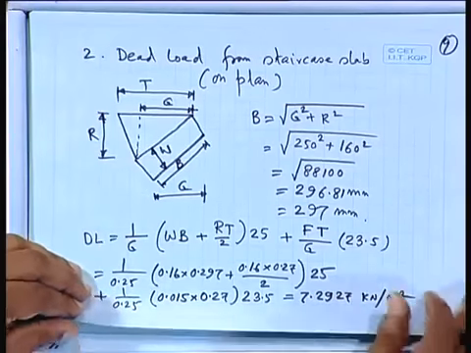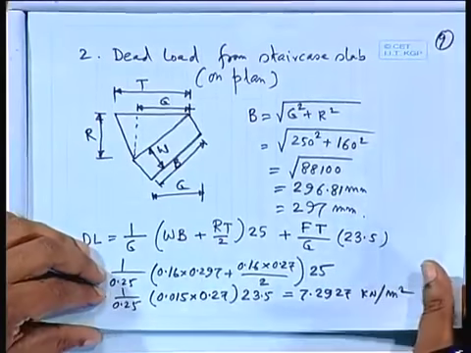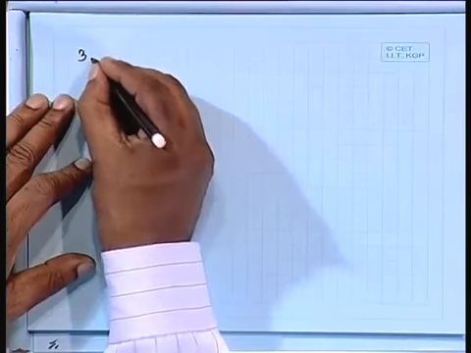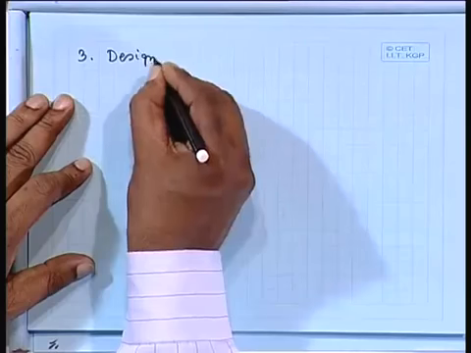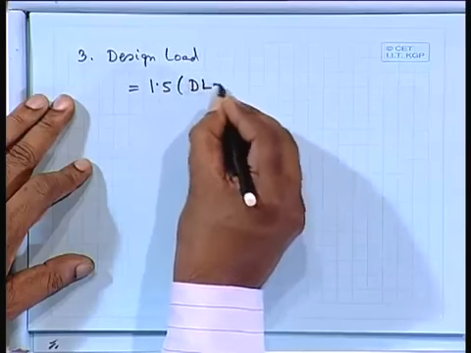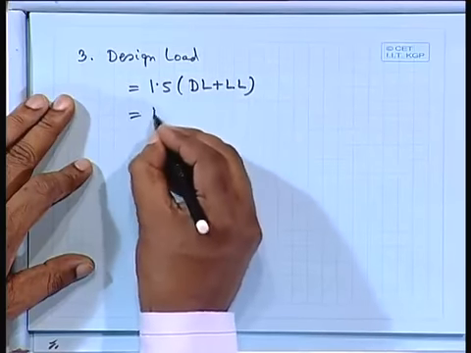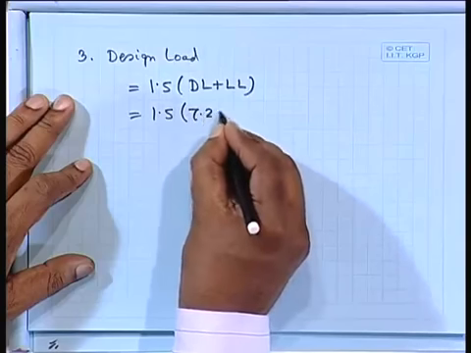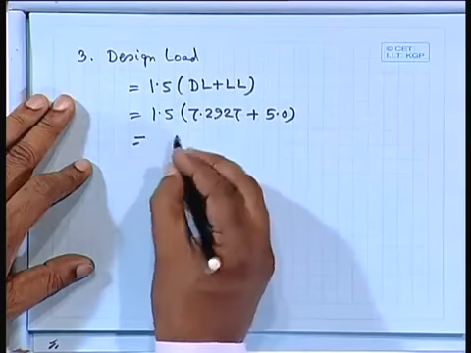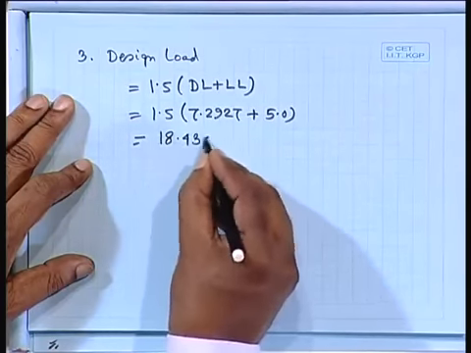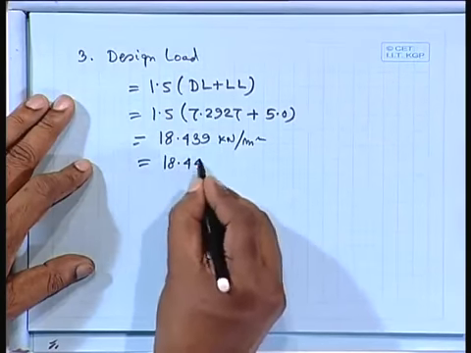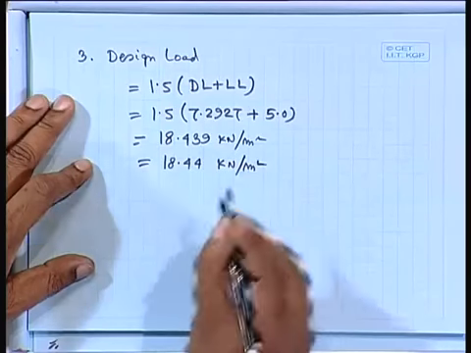What about the design load? Design load equal to 1.5 times dead load plus live load. So 7.2927 already computed plus 5.0 which we have to provide, 18.439 kilonewton per square meter, let us assume 18.44 kilonewton per square meter.